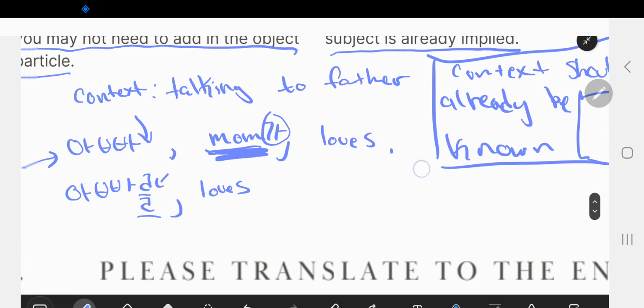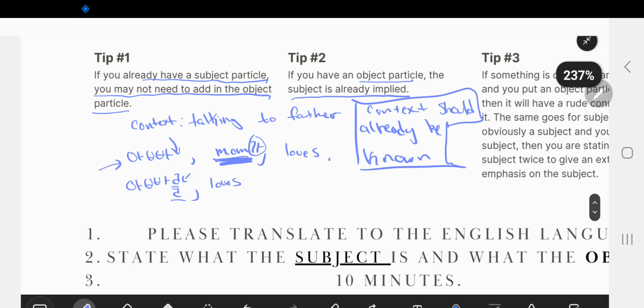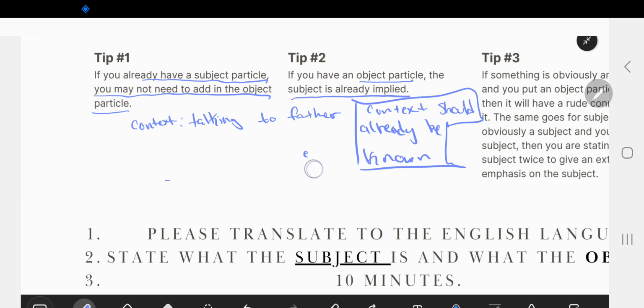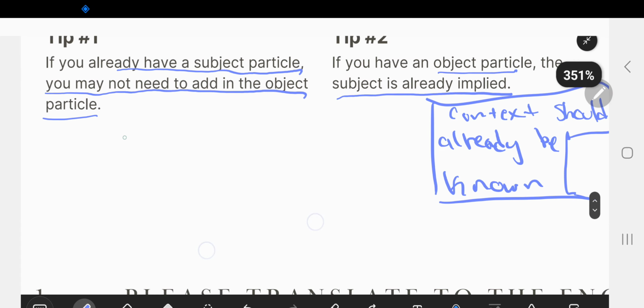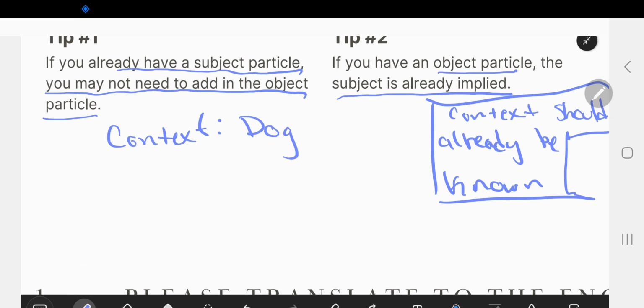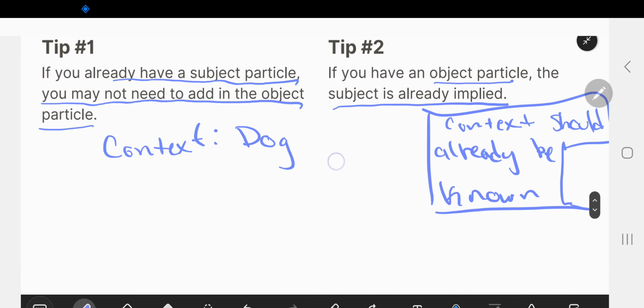Okay, so let's go over something else. If I say something like this, let's say the context is that you guys were talking about your dog, right? So the subject is about the dog right now.